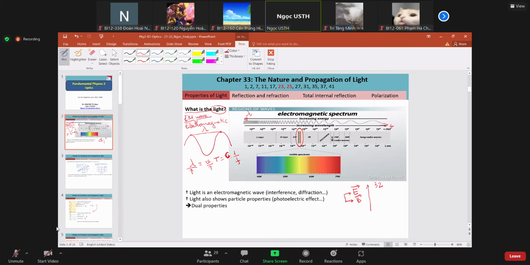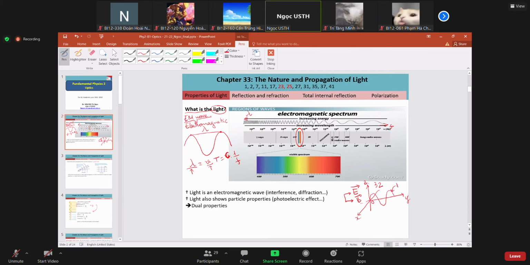Here is the z-axis, here is the x-axis, here is the y-axis. So in fact, here is the electromagnetic wave. For example, here is the propagation of the electric field in the z-o-y plane.